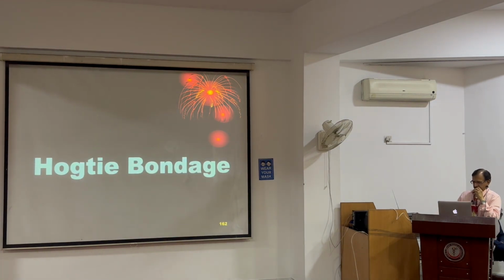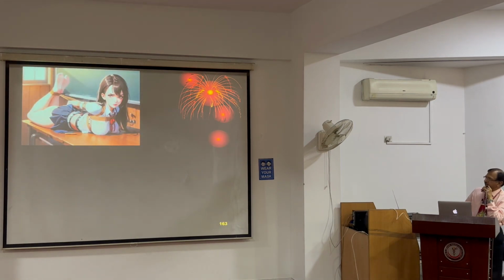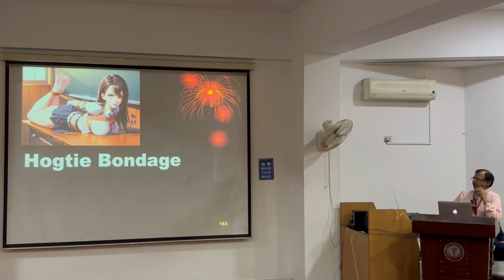And a common tie is the hog tie bondage. This is tying of the forelimbs at the back, and the position is such that the person is unable to breathe because his weight is pressing down, the chest is unable to move, and hands and feet are tied together.